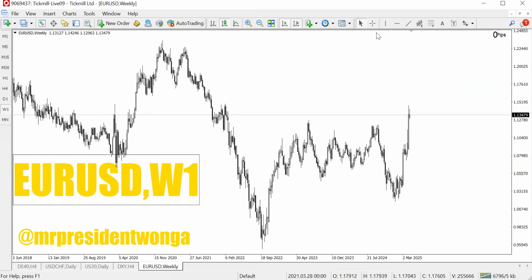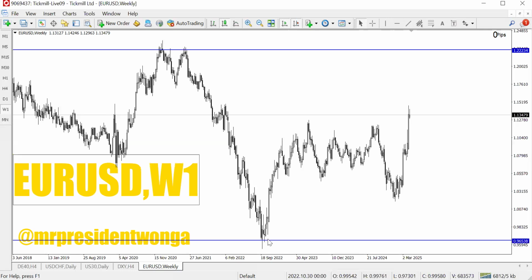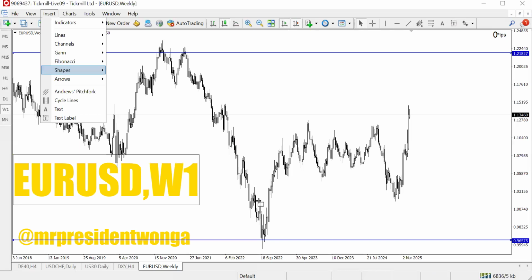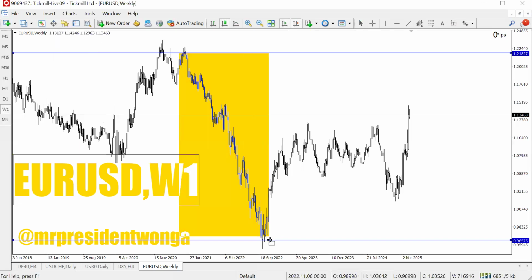So for example, if we take it once again on the weekly time frame, I'm just gonna mark not the pins, but the actual candlesticks. This is an example of a bearish market where the price actually dropped. So how do we mark the Fibonacci?